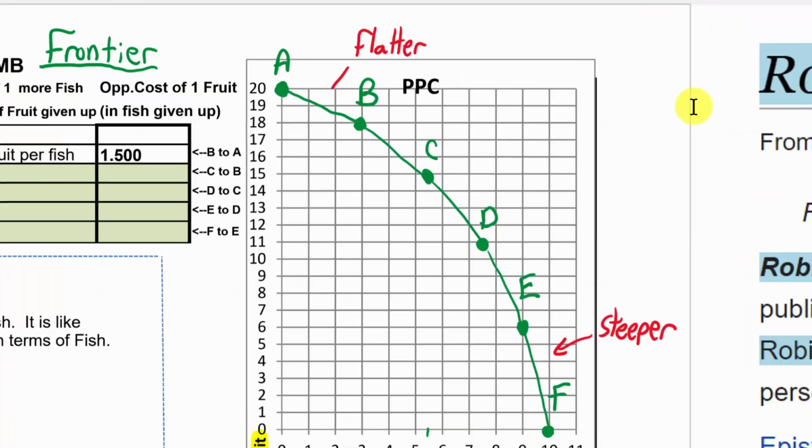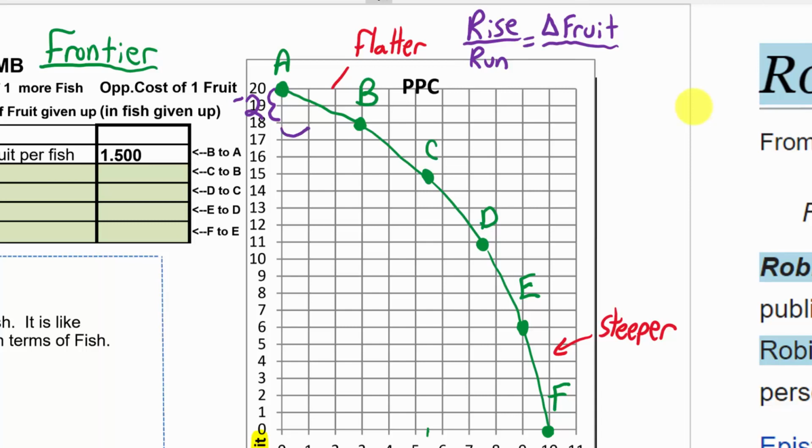So looking at the graph, when we're moving from point A to point B, we can see we're going down 2, right? So what is the slope? It's rise over run. And on this graph, rise means change in fruit, since that's on the y-axis. So I'm going to use the Greek letter delta here, change in fruit. Greek letter delta is shorthand for the word change, so you don't have to write the word change all the time. And what's happening is we're running.